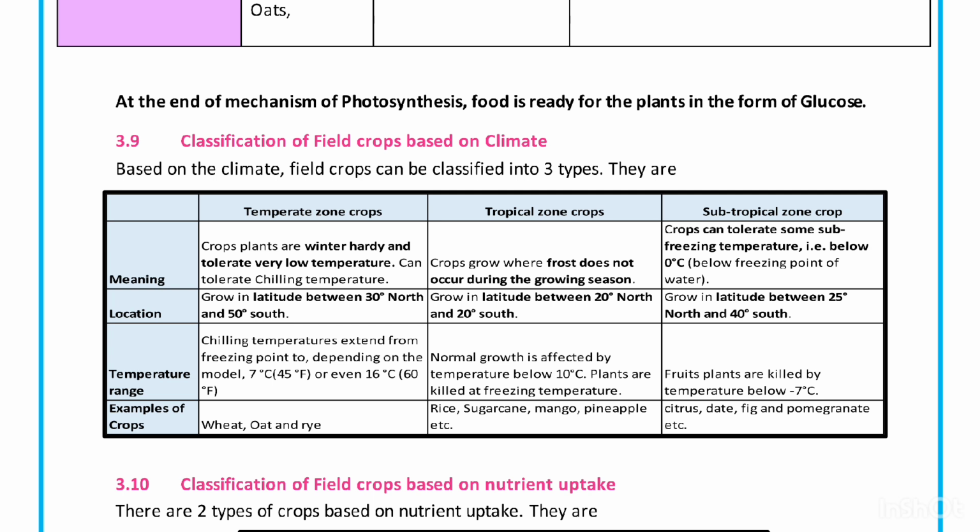Students, so what is climate? Basically, it is an average of all weather phenomena of a particular region accumulated over 30 years. That means in simple language, the general climatic condition of a particular region is climate.